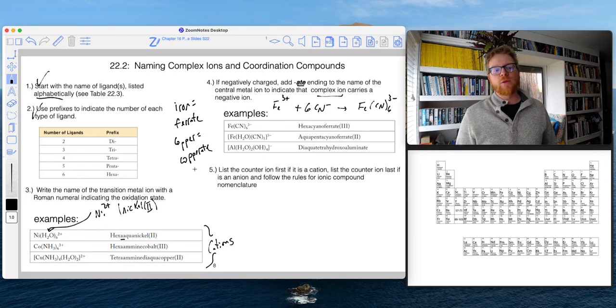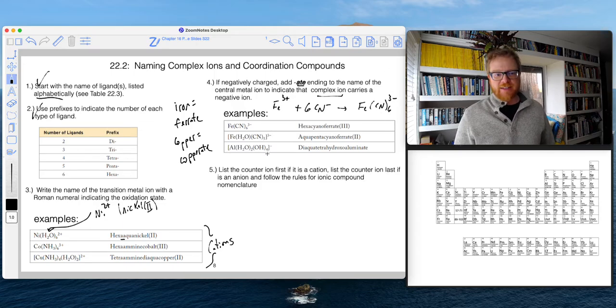And all of the other ones go as just their normal name. You just add an -ate at the end. Okay, so hexacyanoferrate 3. We remember the Roman numeral 3 tells us it was an iron 3 plus. The hexa tells us there was 6 cyanides, and the -ate tells me the entire complex ion is negatively charged.